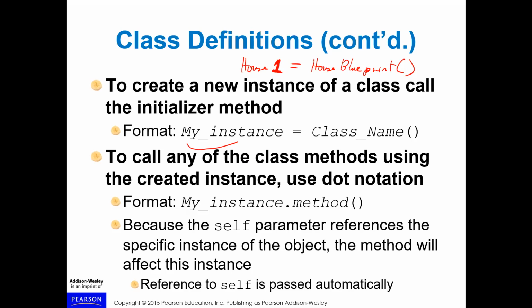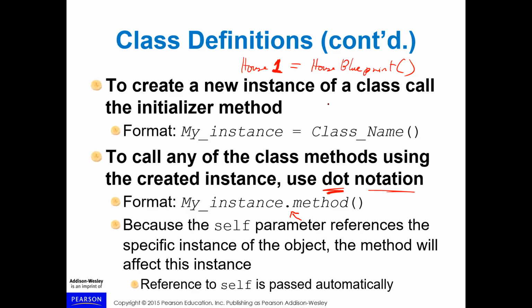To call any of the class methods using the created instance, you're going to use the dot notation, which just basically means, quite simply, that little period. And you've done this before, I think. We did this with pickle, I believe, on Tuesday. Pickle read, pickle write, something like that. So same thing here.